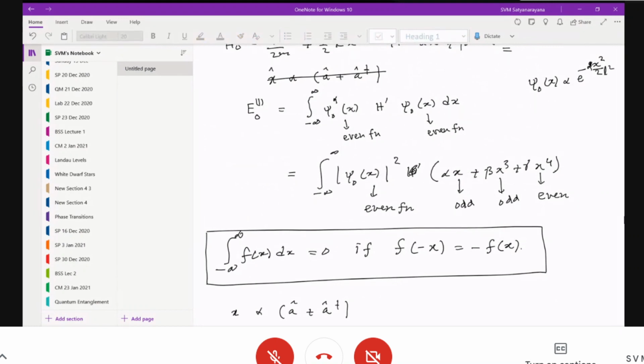Suppose they would have asked for the first excited state, will your answer change? What will be your answer if they would have asked this question for the first excited state? Same question, instead of the ground state, if they asked you to find the first order correction for the first excited state.